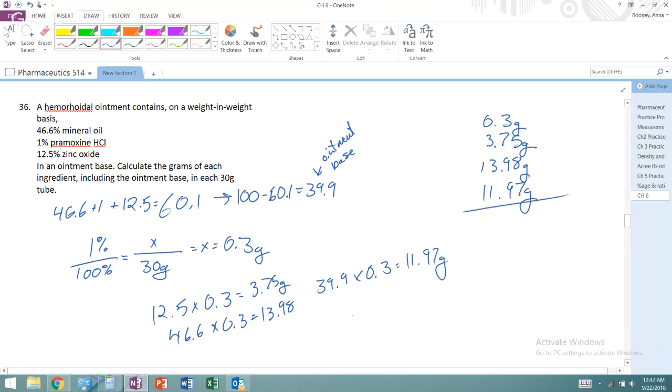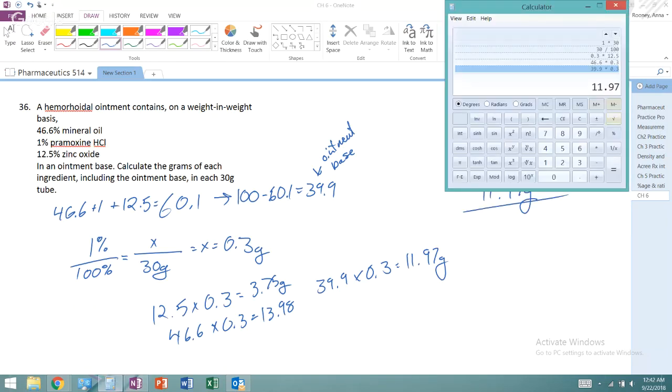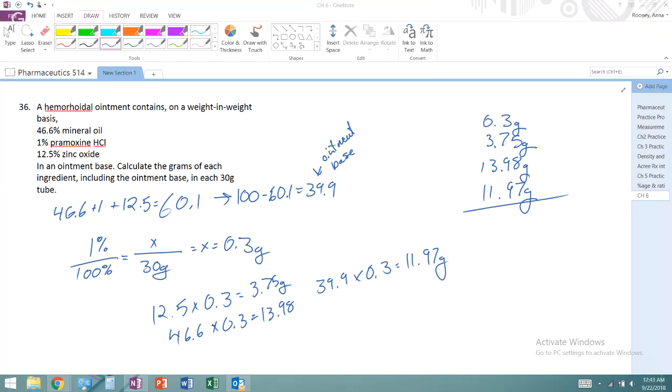And then I want to add these all and double check to see if they all actually add to 30. So 0.3 plus 13.98 plus 11.97 plus 3.75, and they in fact equal 30. So our calculations add up.